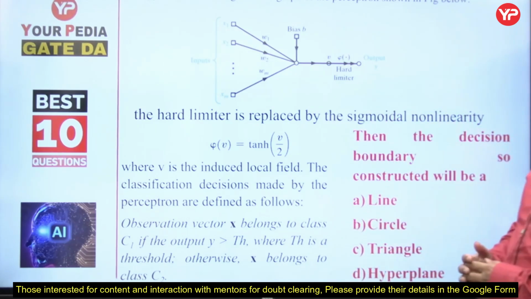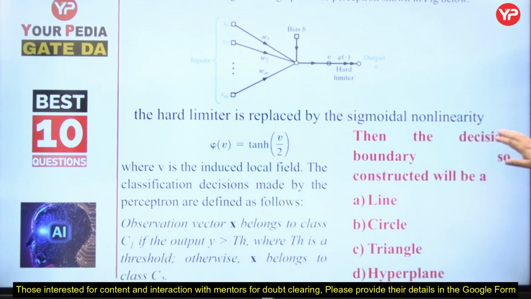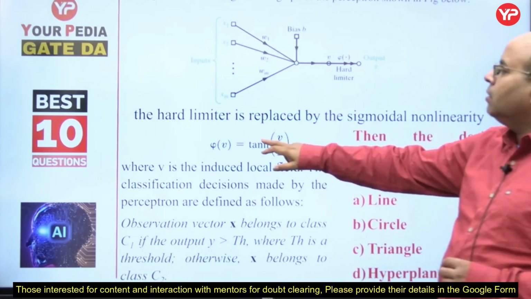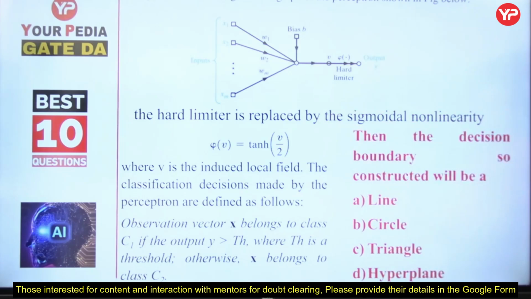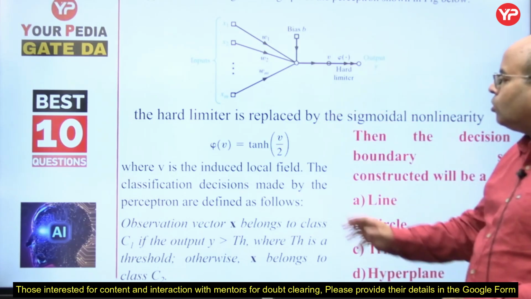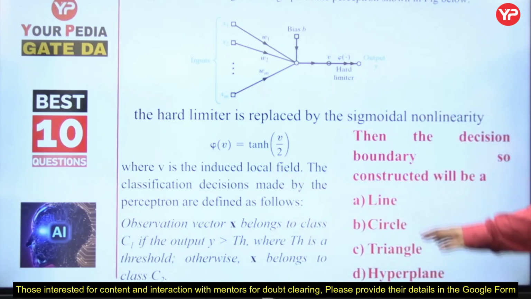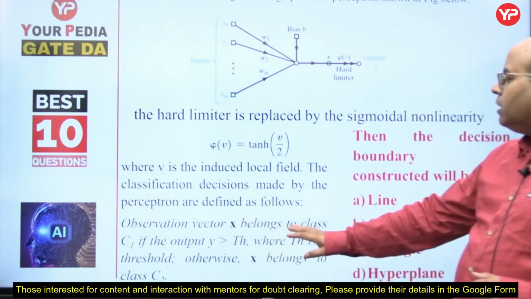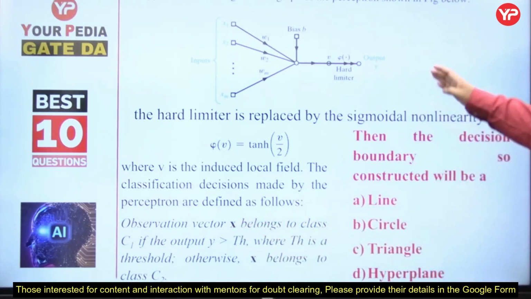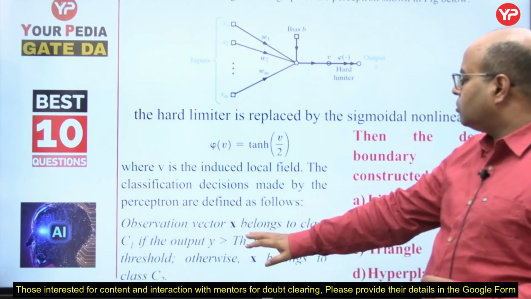Now what the question is saying is that the hard limiter is replaced by the sigmoid non-linearity. That hard limiter is now tanh of v over 2, where v is the induced local field. The classification decisions made by the perceptron are defined as follows. Observation vector X belongs to class C1 if the output is more than the threshold. As I told you, it's a hard limiter, where TH is the threshold.